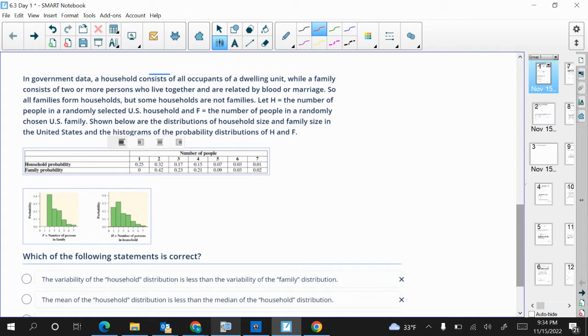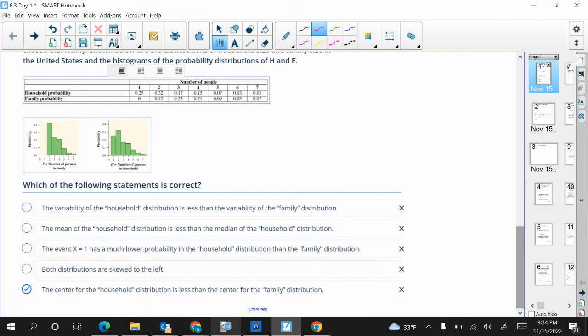So families can't have just one person. There has to be multiple people for it to be a family, but the household could be a single person living on their own. So here are our distributions as well. It says which of the following is true. The variability of the household distribution is less than the variability of the family.